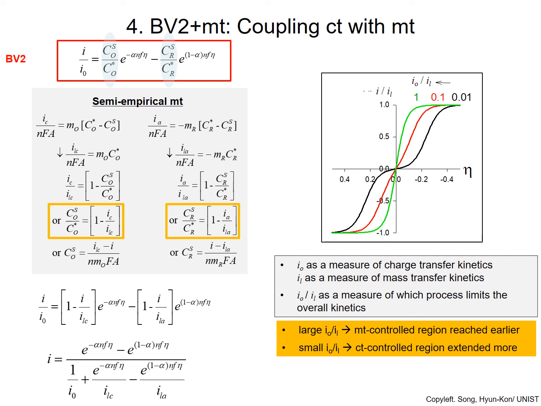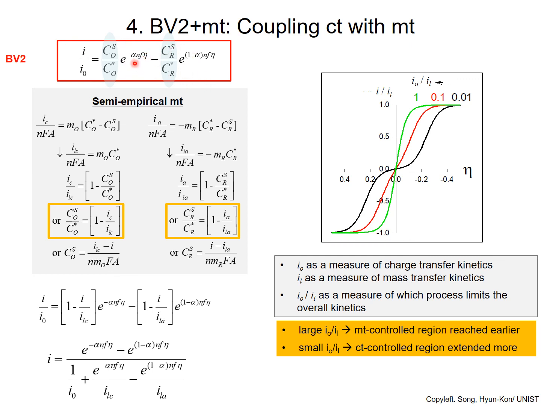In this slide, I'd like to generalize the Butler-Volmer equation by incorporating the mass transfer effect into the original Butler-Volmer equation. Here, Butler-Volmer equation version 2: the overall current is the cathodic current minus anodic current.